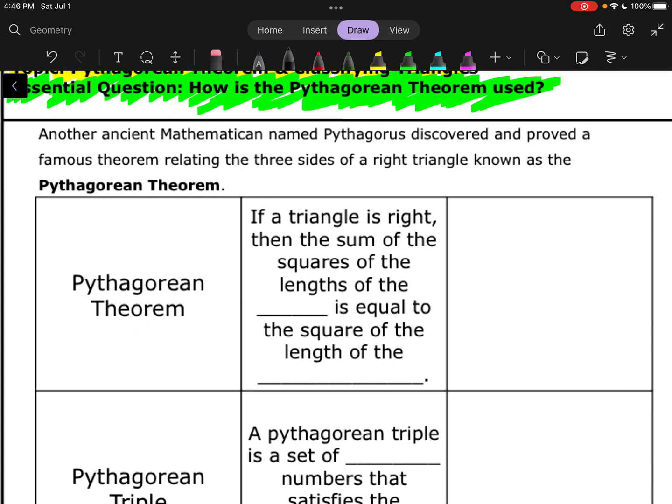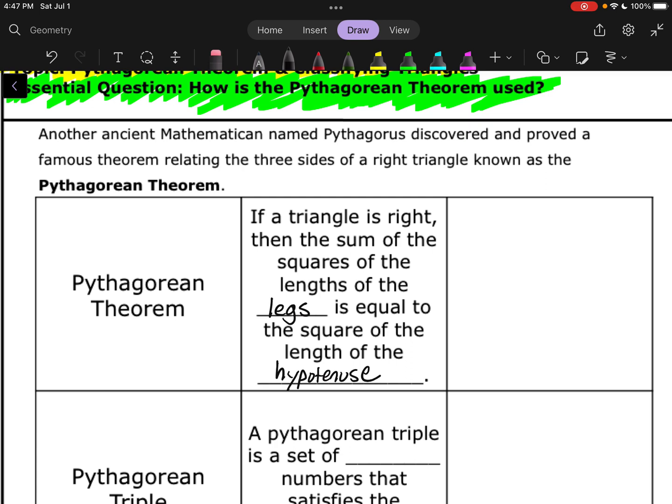It says if a triangle is right, then the sum of the squares of the lengths of the legs is equal to the square of the length of the hypotenuse. All right, so what does that look like?